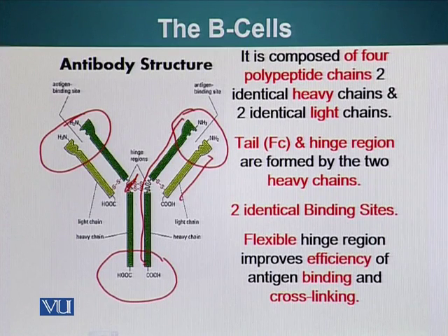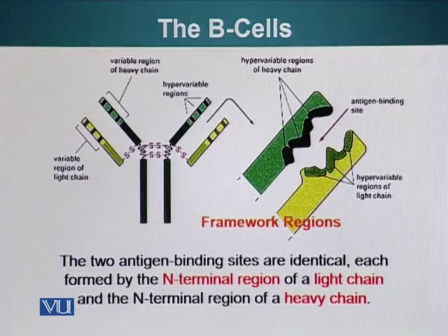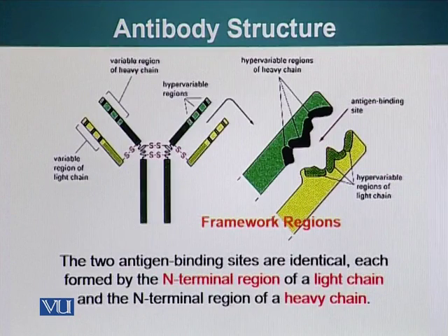The FC region of certain antibodies can also be recognized by phagocytic cells, since these cells have FC receptors that can bind this FC region of the antibody. So here we have an enlarged photograph of the antigen binding site.